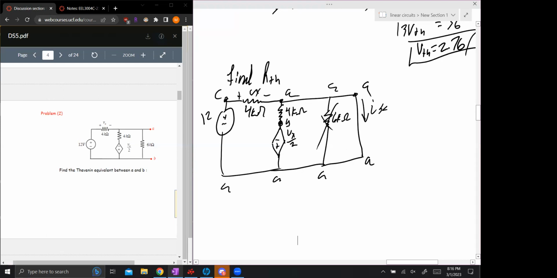Okay, so we got VC is going to equal 12 volts. VX is going to equal VC minus VA. Are we doing a node voltage on this? I'm inclined to say that we are.